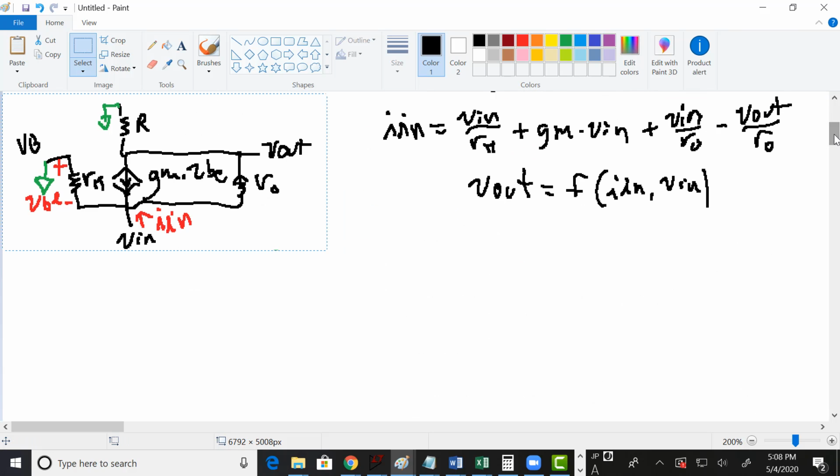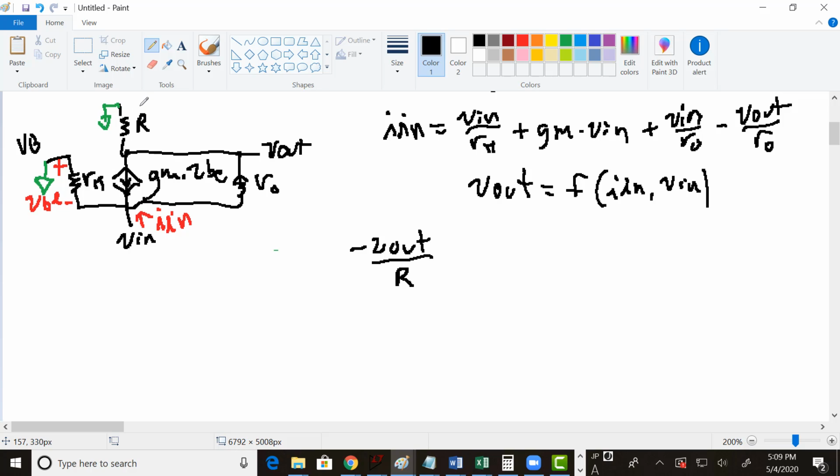So right here. So we need an equation with V out in it. And I'm just going to go for another KCL at this node, which means that I have negative V out over R. So that's the current going through here.